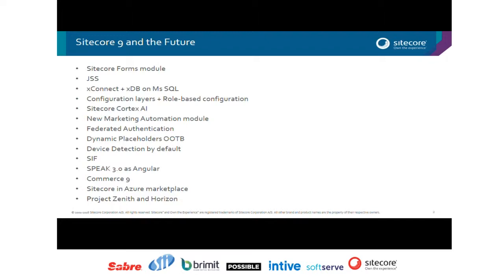I will cover most of them in the presentation, but let me just focus on a few of them right now. There is Speak 3 in Sitecore 9, which is based on AngularJS. This is a huge difference compared to Sitecore 8 and the previous ones.